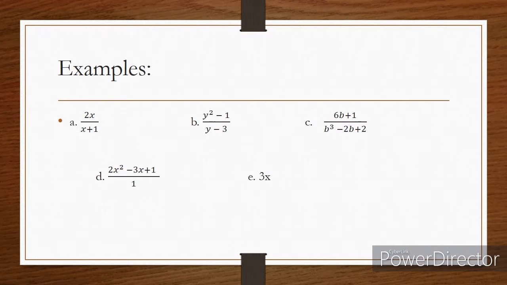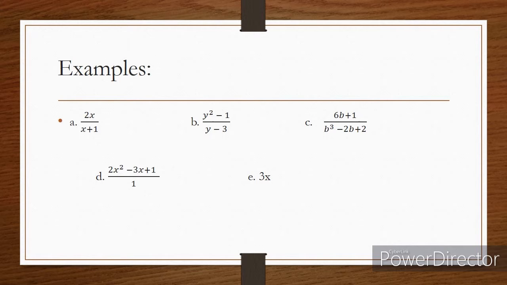So for example, ayan, we have 5 examples. Letter A, we have 2x over x plus 1. B, y squared minus 1 over y minus 3. C, 6b plus 1 all over b cubed minus 2b plus 2.